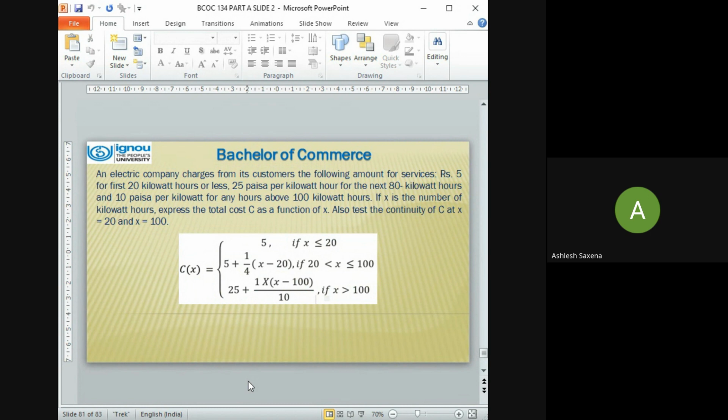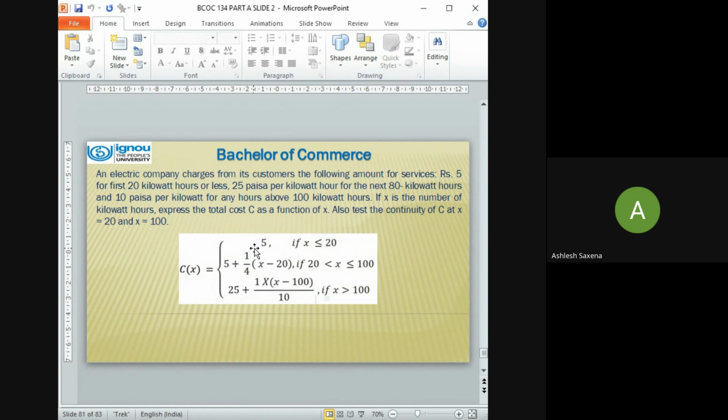Suppose we see how this second condition is formulated. Your consumption is up to 100 units. If your consumption is 100 units, you pay the amount for 20 to 100. Till 20 you have already paid rupees 5.